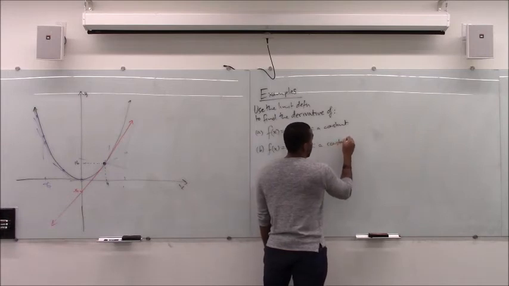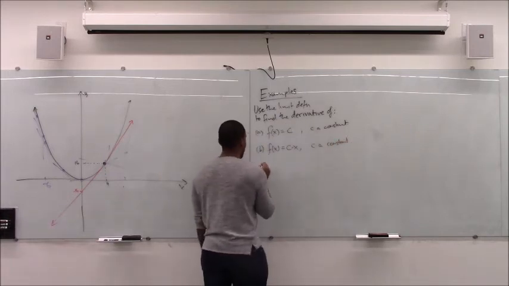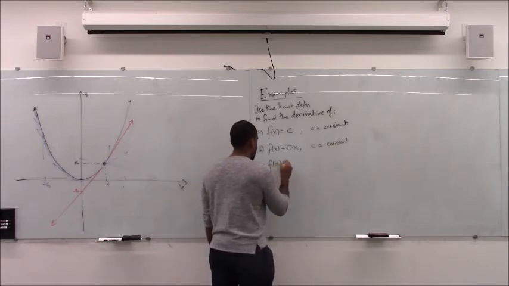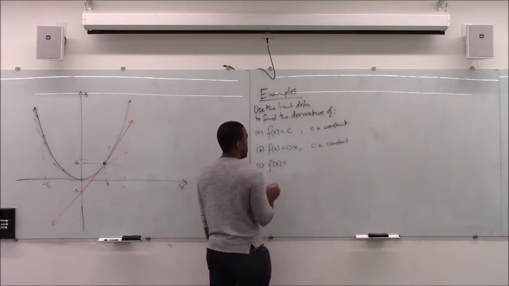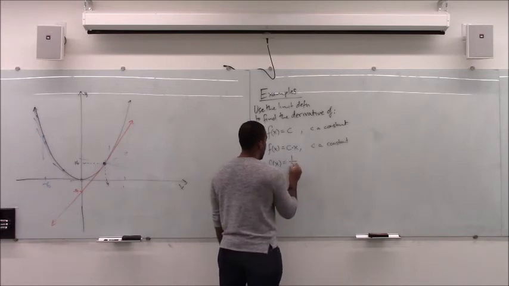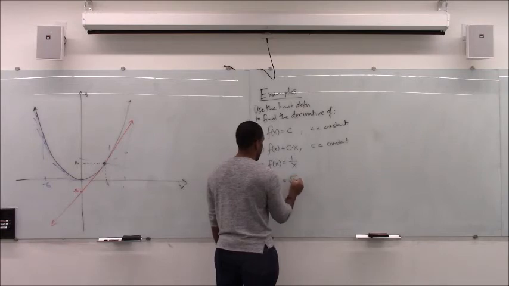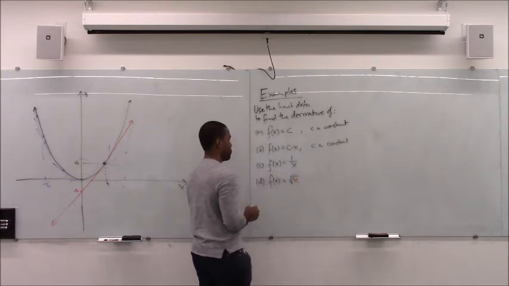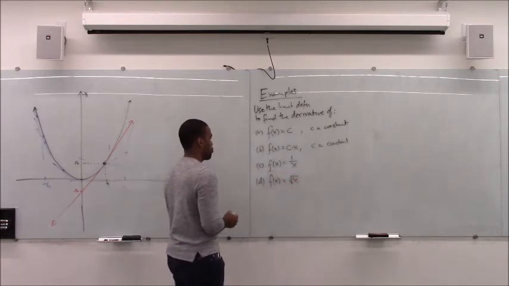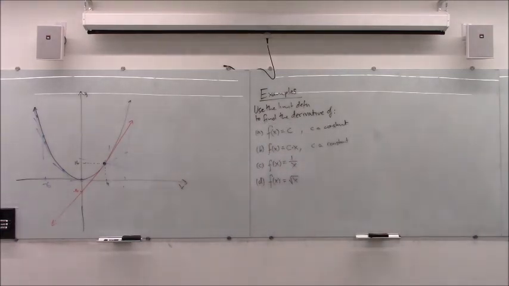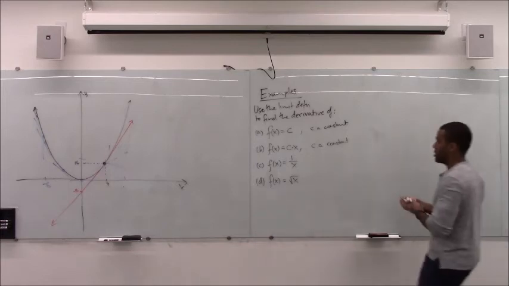Like my function is 5x or 3x or 7x or whatever. Let's say our function is 1 over x. Let's say our function is the square root of x. Do I want to give any more examples? We'll stop there.